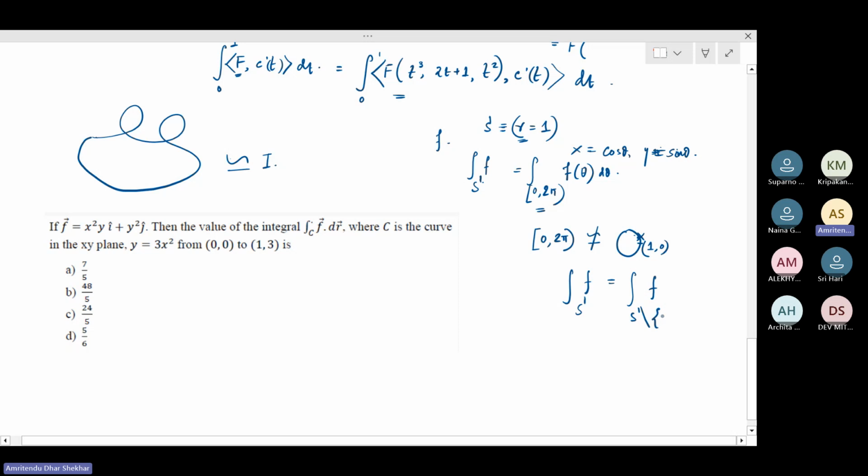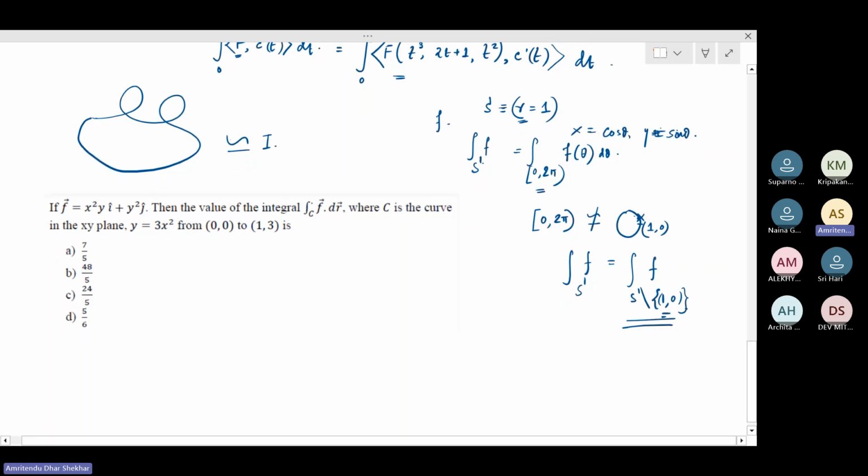This is of course going to be the same, because it's a set of measure 0. But now, this set is a diffeomorphic image of 0, 2 pi, right? And you can do the integral there and you'll be fine. So this is basically the idea. I hope it's clear.